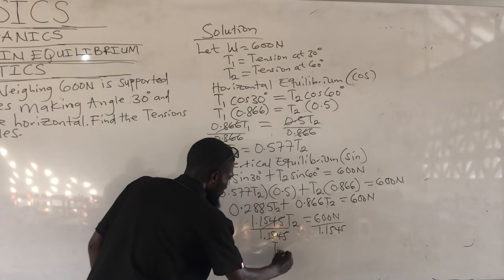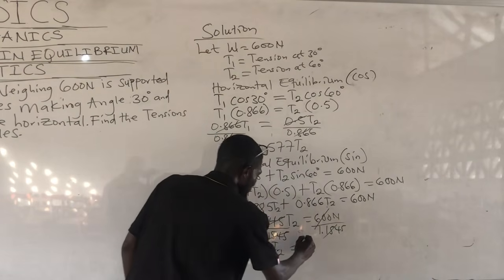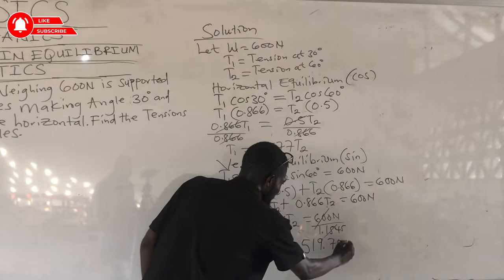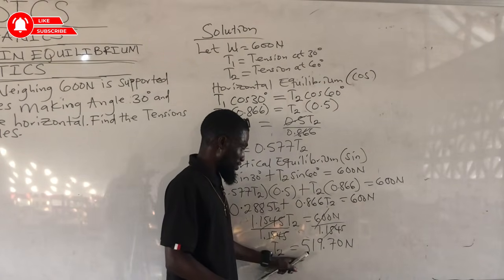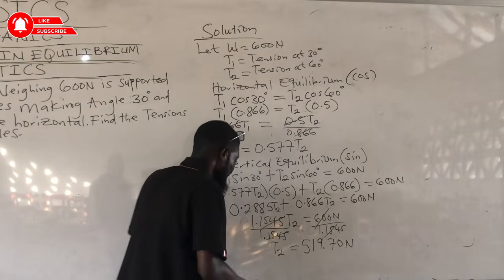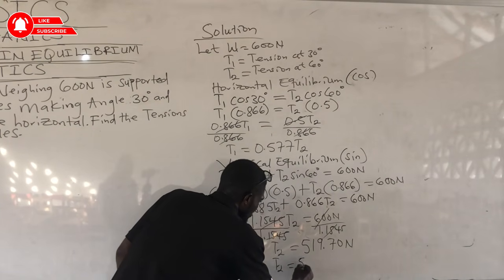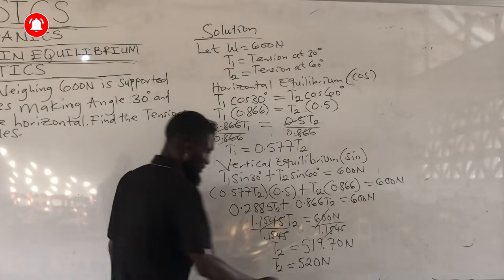We'll have T2, and T2 will be equal to, we'll divide this by this, automatically we get 519.70 Newton. T2 will be equal to 519.70 Newton, but when we round it up, T2 can still be equal to, say, 520 Newton.